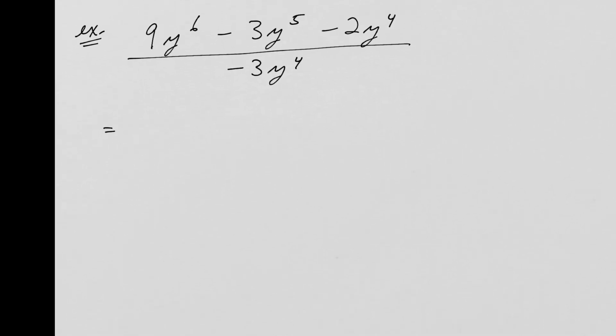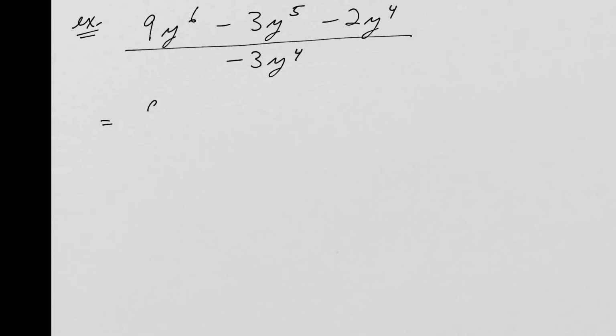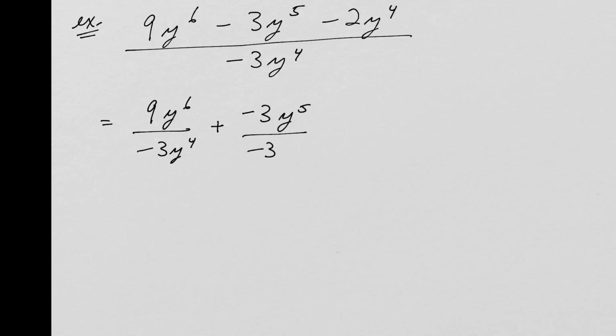This is the same as 9y to the sixth over negative 3y to the fourth. And I'll always add the terms plus, and then this is going to be negative 3y to the fifth over negative 3y to the fourth plus negative 2y to the fourth over negative 3y to the fourth.